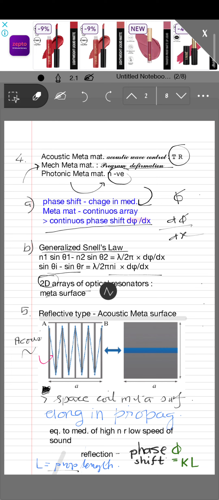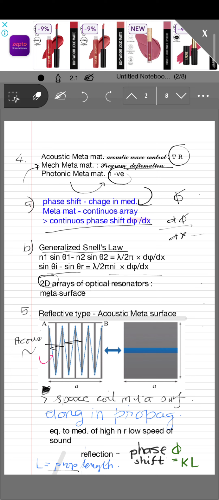What is actually happening which is causing this negative refractive index? Suppose there is an acoustic wave which is continuously getting reflected from the walls. This is the design which has been made to create a negative refractive index.